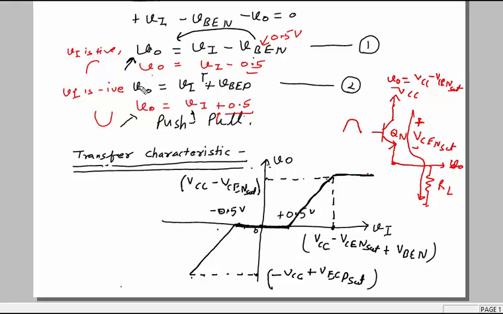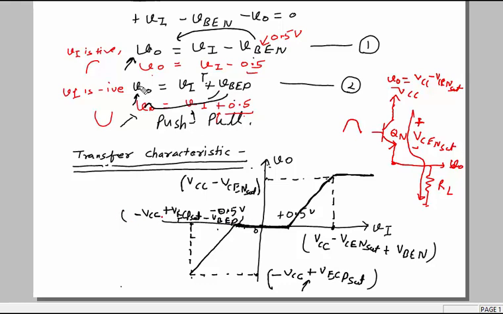Similarly on the negative side, if I put V naught max here, V naught max is minus VCC plus VECP sat, and then I take this to the left side, so it becomes minus. So the maximum value allowed for Vi in the negative direction is minus VCC plus VECP sat, which is the maximum V naught, and then minus VBEP when we have taken this to the left side.